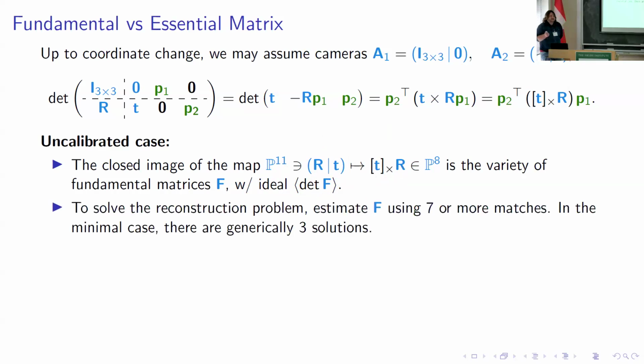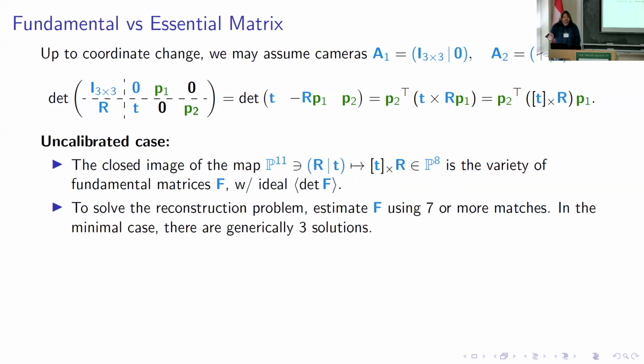Rank 2 matrices in the projectivized 3x3 matrix space are a 7-dimensional variety. And therefore, if I have 7 matches, such as this one, P1, P2, it gives me 7 linear equations. I'm slicing the fundamental variety with 7 linear equations. And what I'll get is exactly 3 solutions. That's the degree of the fundamental variety. So that's the 7-point algorithm in a nutshell.